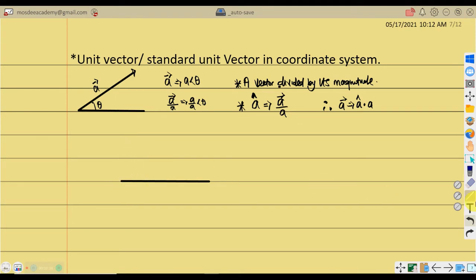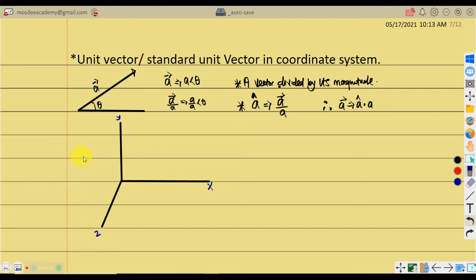I know you guys have heard about all these things in your early classes. Then my z-axis, let me just slant it a little bit, just for understanding sake. Remember, this is x, this is y, and this is z.